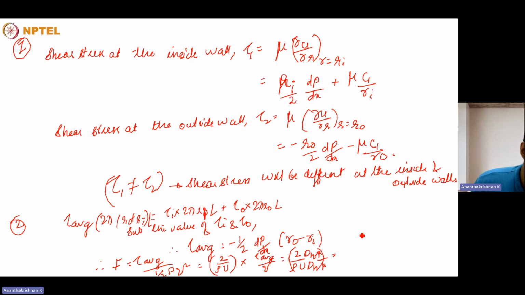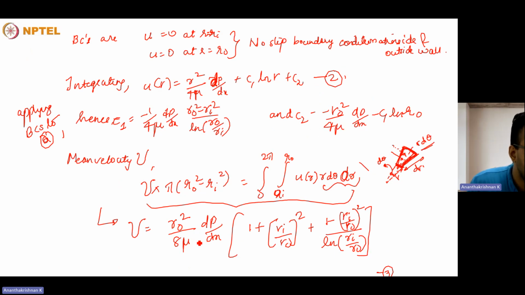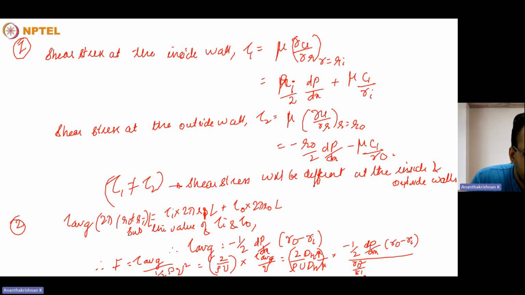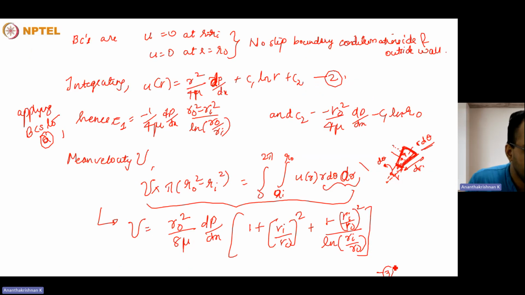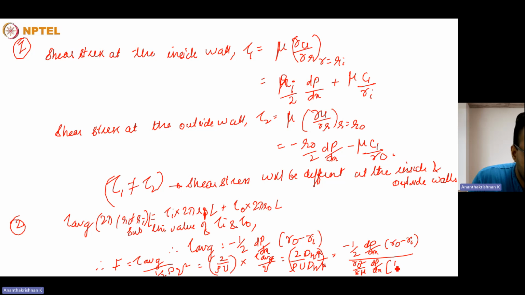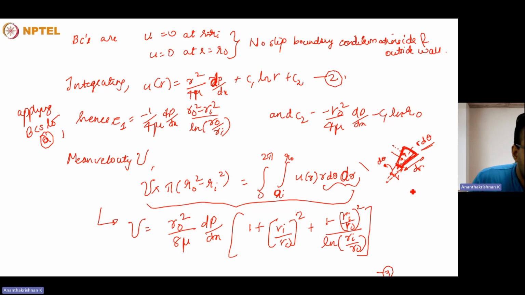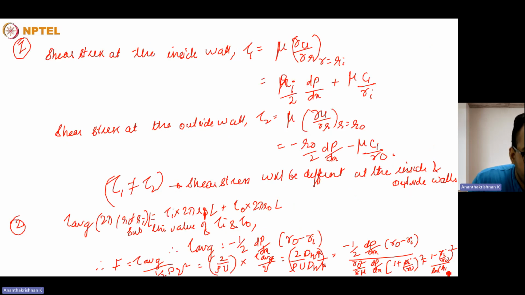And then for tau average, you substitute the value of minus half dp by dx into r outer divided by r inner, divided by u average, which is equal to r0 squared by 8 mu into dp by dx multiplied by 1 plus ri by r outer the whole squared, plus 1 minus ri by r outer squared divided by ln of ri by r0.